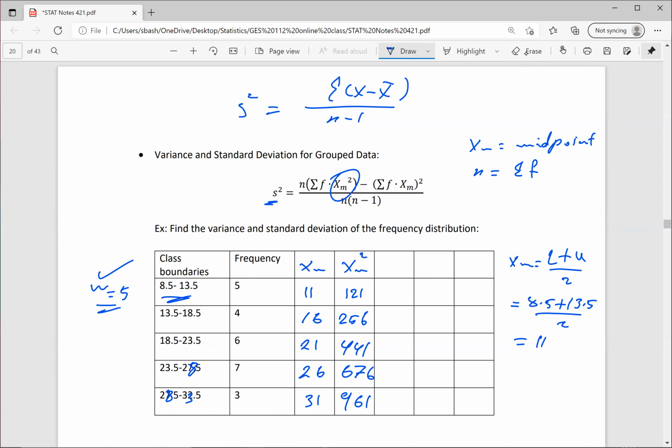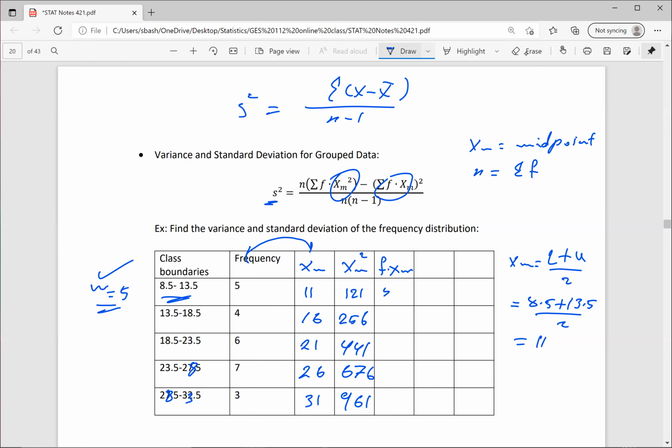Now I need to find f multiplied by xm. It is the second and the third column. 5 times 11 is 55.